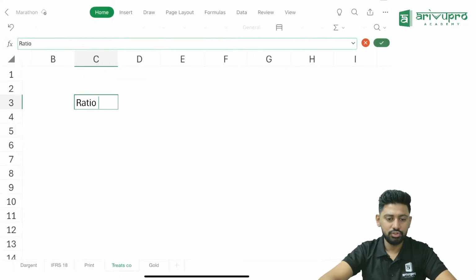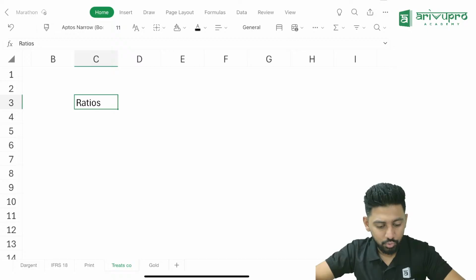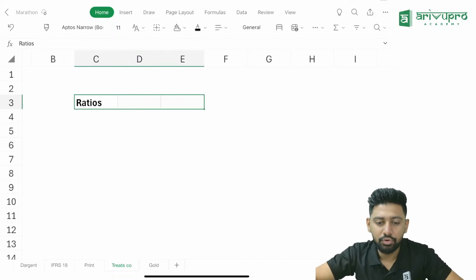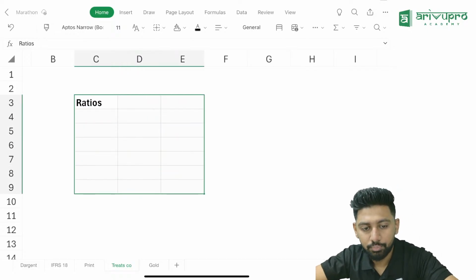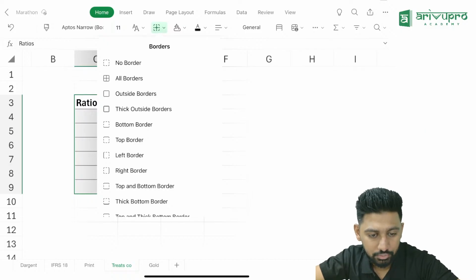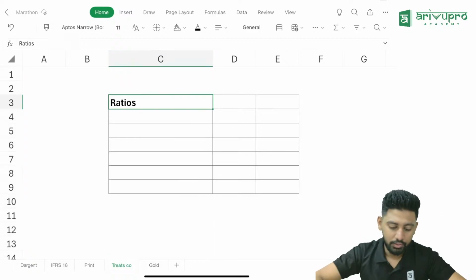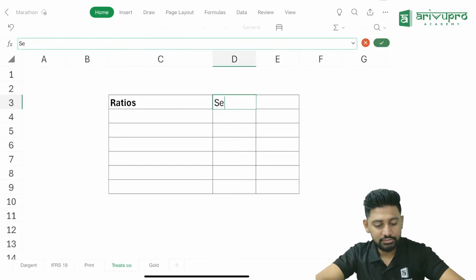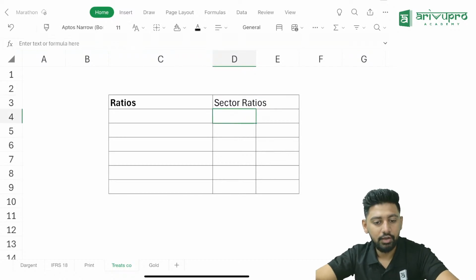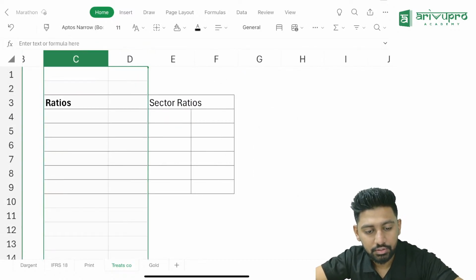So we've got the ratios. In the exam, I'm going to give you an approach. I want you to strictly follow this approach. You have your ratios, and you have your sector average ratios. And I want you to give your commentary here.